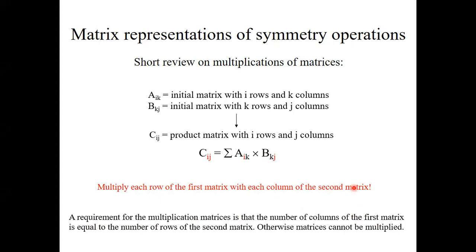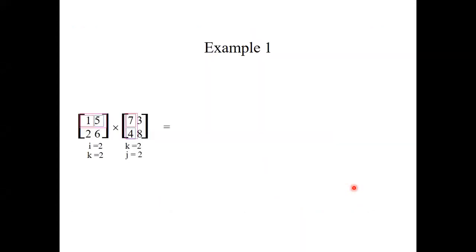Okay, so this may sound a little bit abstract. So let us apply this to one example here. So we have here two initial matrices, which are both so-called 2 times 2 matrices. So both have 2 rows and 2 columns.